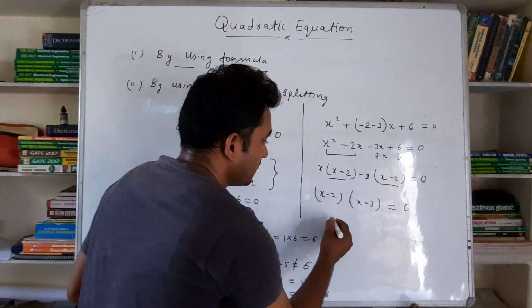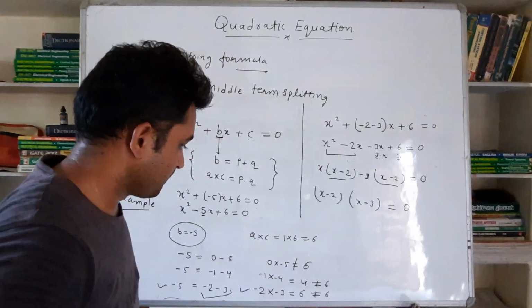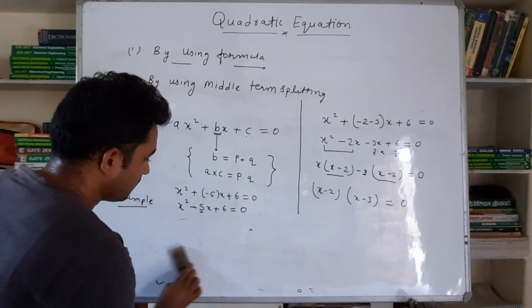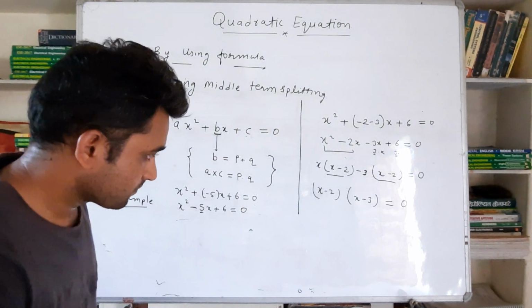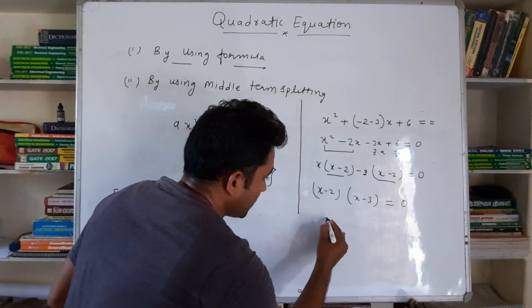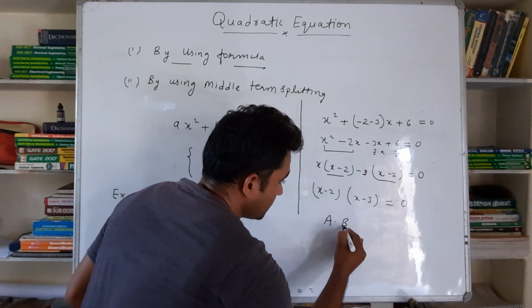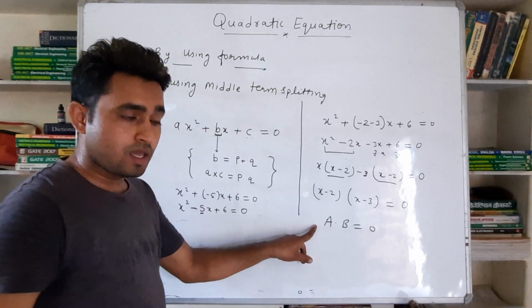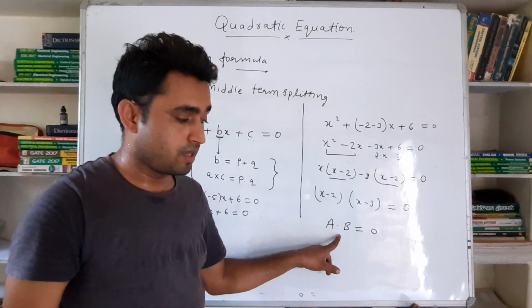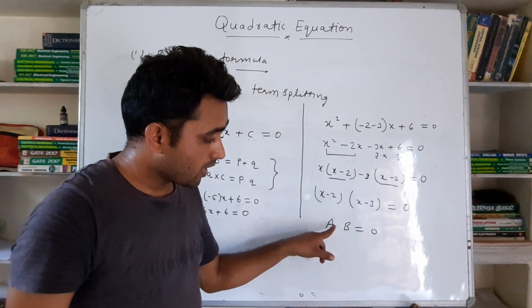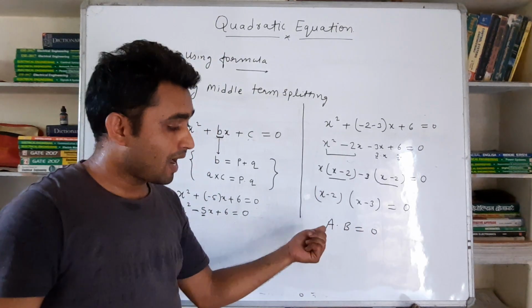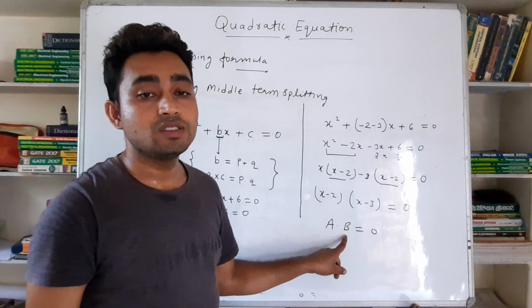Now from here there is an important concept: the product of two terms is equal to 0. If we assume x minus 2 equals a and x minus 3 equals b, then the product a into b is equal to 0. This is only possible when either a is equal to 0 or b is equal to 0.